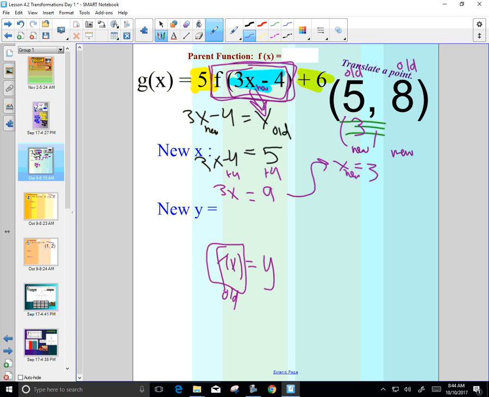And you're going to take 5 times the old y and add 6. So essentially you're going to multiply it by 5 and add 6. Well, what was the old y again? 8. So I go 8 times 5 is 46.